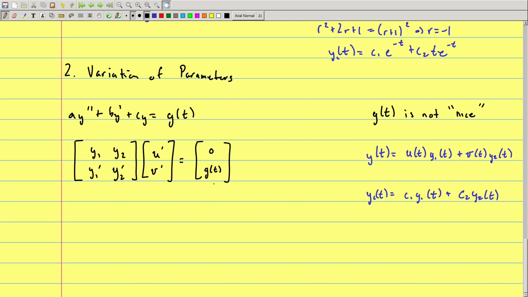But the idea is that you can now come up with formulas for u prime and v prime, or u1 prime and u2 prime, however you decide to write it, by computing the following quantity. Again, this is an application of Cramer's rule.